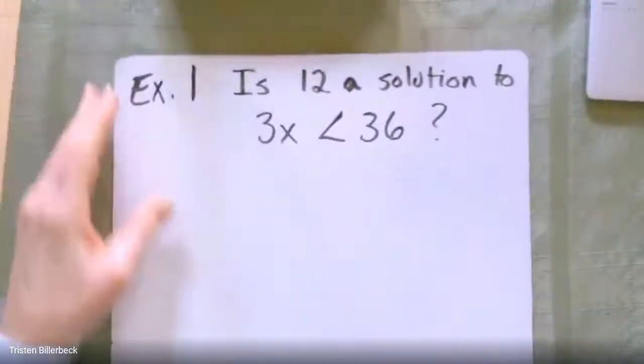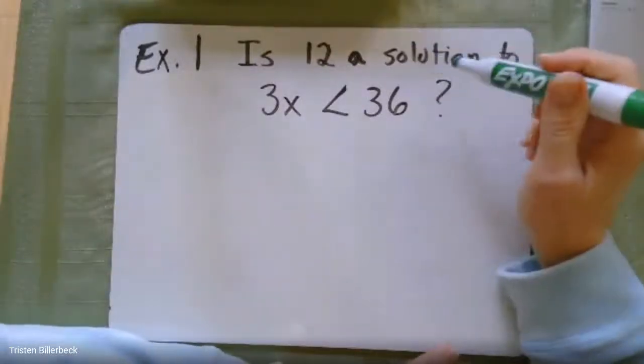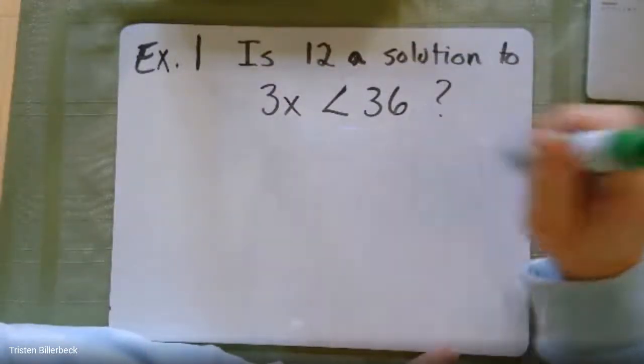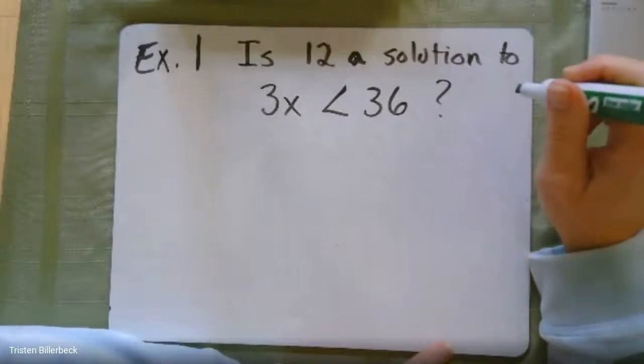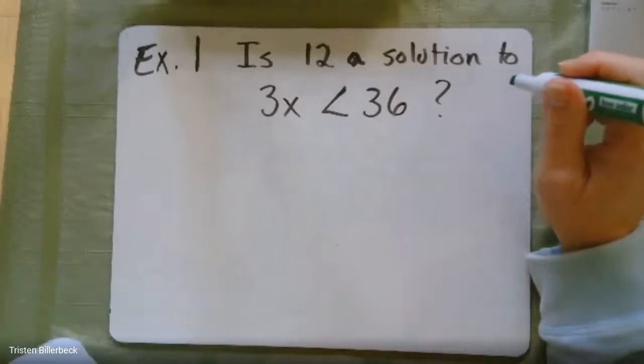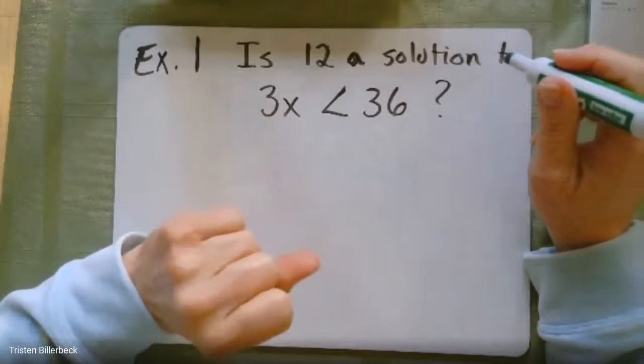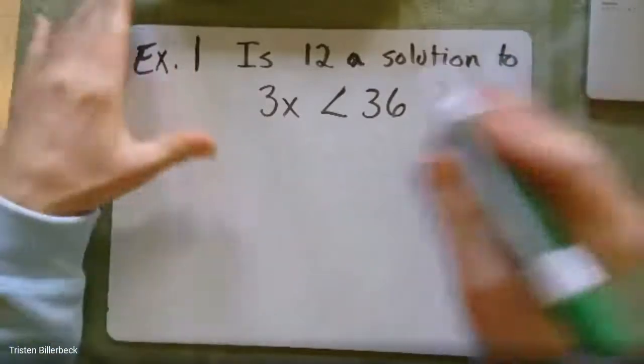All right, let's do an example. Is 12 the solution to 3x is less than 36? Well, yikes, what do we do? We have an inequality and we have to solve for x. Let's make it a little less scary and do something that we know how to do.